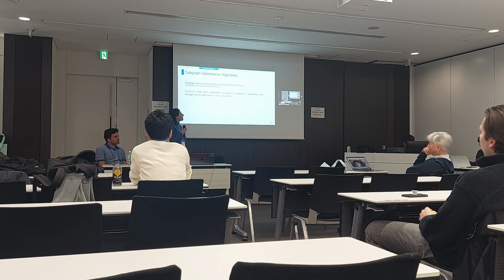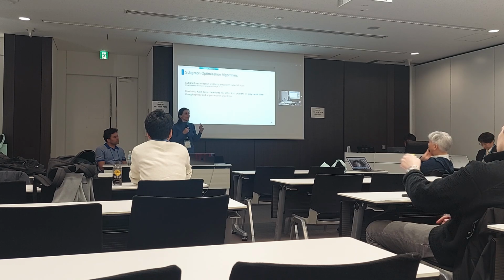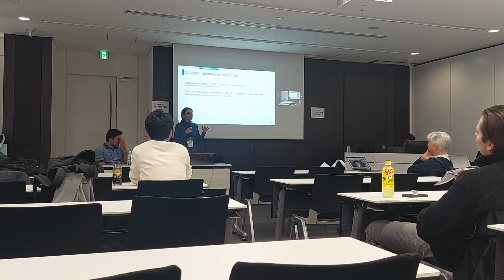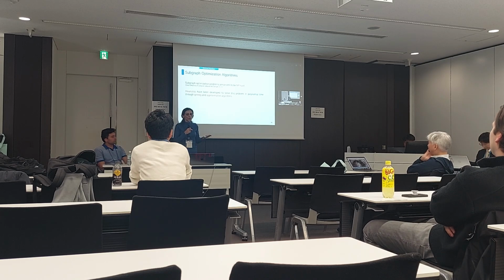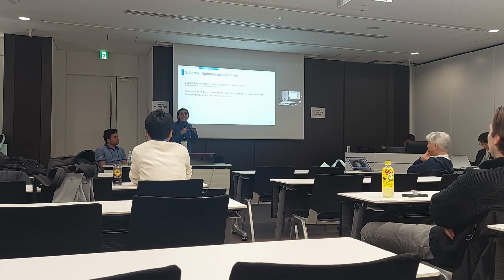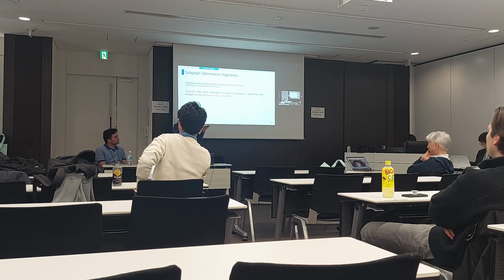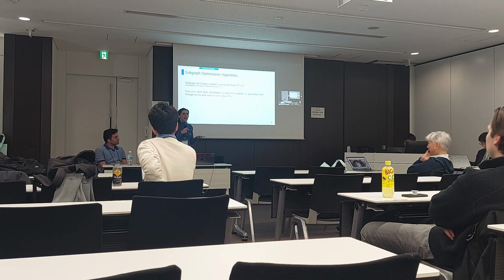In general, as I mentioned, team recommendation is a subgraph mining problem. And it is proved that the subgraph optimization problem is NP-hard. Because of this, different heuristics are proposed to solve the problem in polynomial time, by different greedy and approximation algorithms.